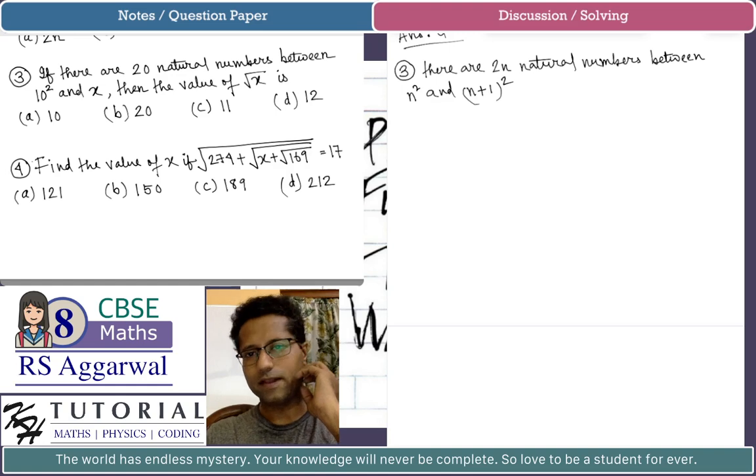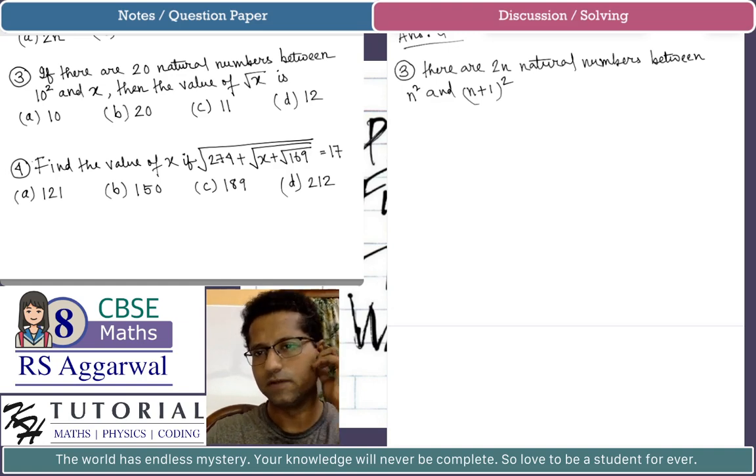So there are 2n natural numbers between n square and n plus 1 square, where n is a natural number. So definitely if n is a natural number, n and n plus 1 will be consecutive natural numbers.